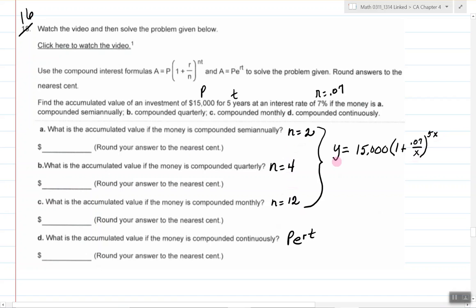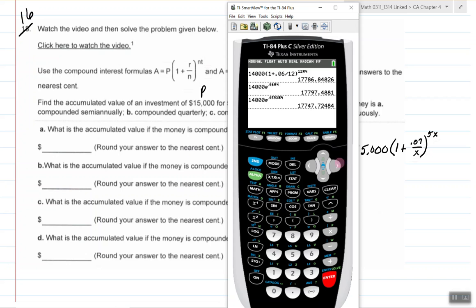Now you don't have to do it that way. You can do it on a home screen 3 times using this formula, but let me show you how this can shortcut things. If you go to the Y equals, clear that out.